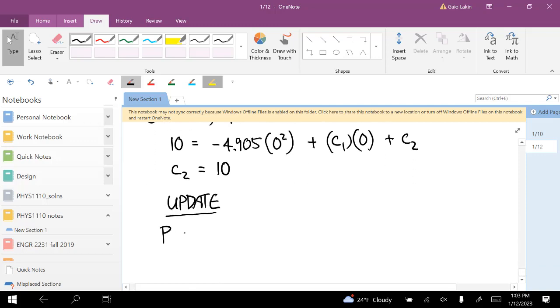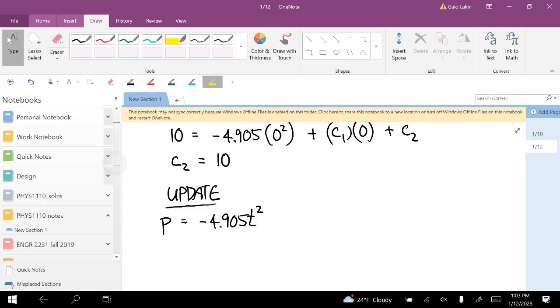So P is equal to negative 4.905 t squared plus C1 t plus 10.